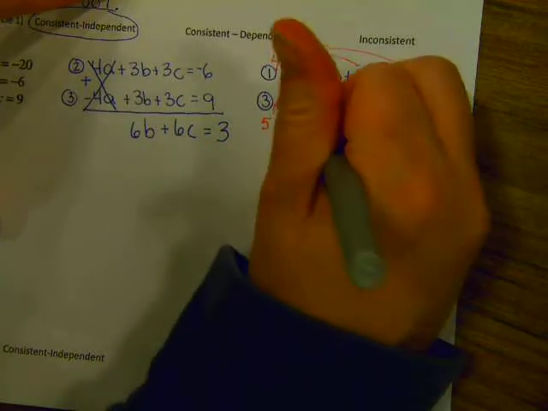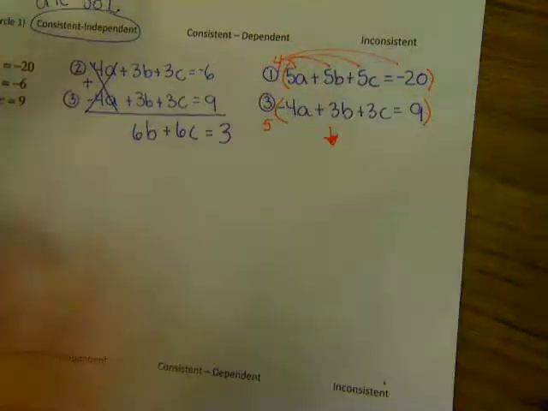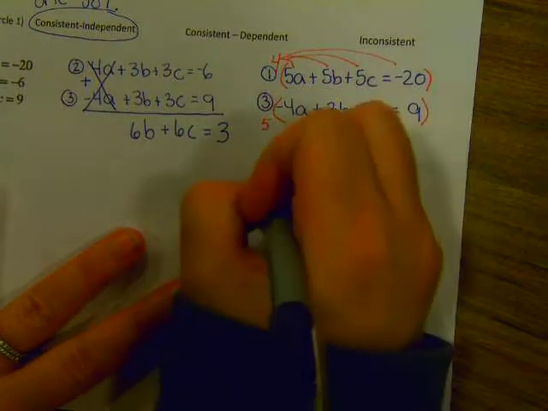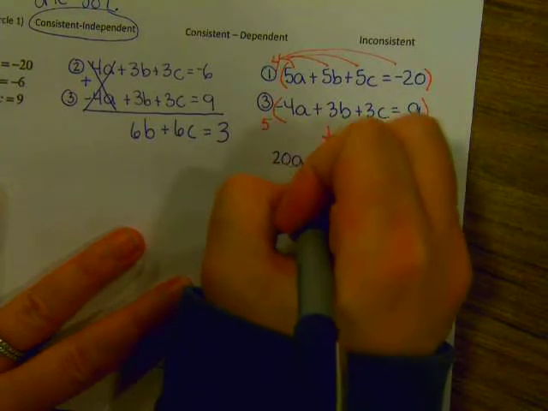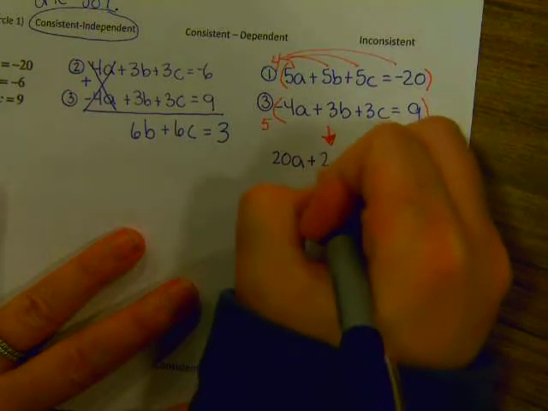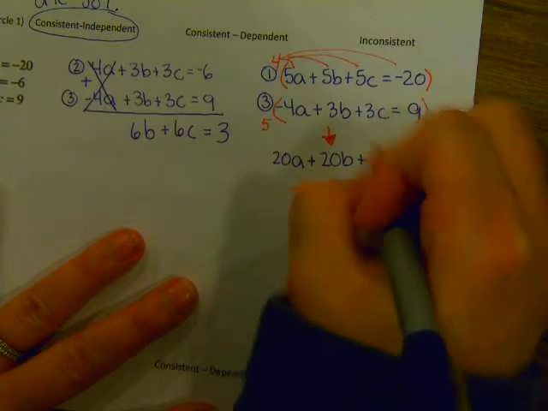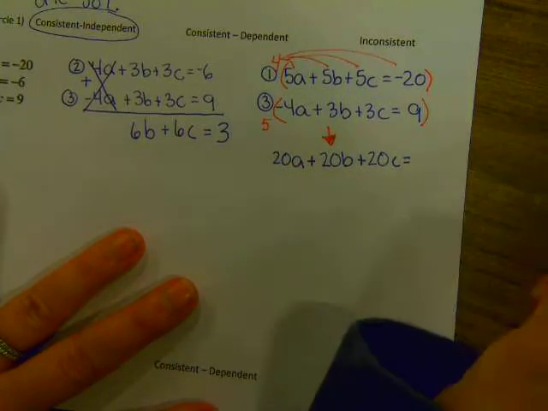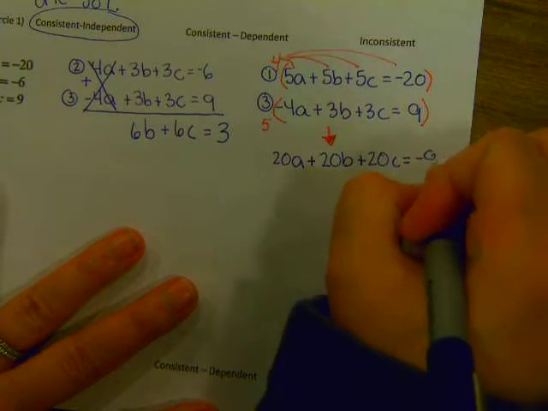So if I rewrite my system underneath, meaning I'm going to go in and do the multiplication, the first one would be, okay, 4 times 20A plus 4 times 20B plus 20C equals negative 20 times 8, negative 80.